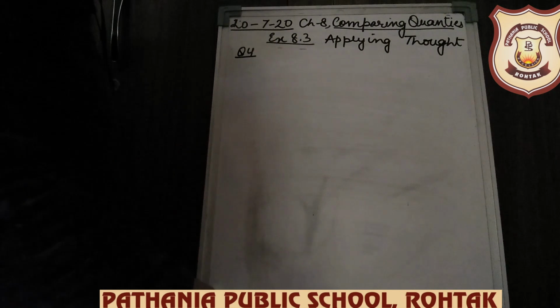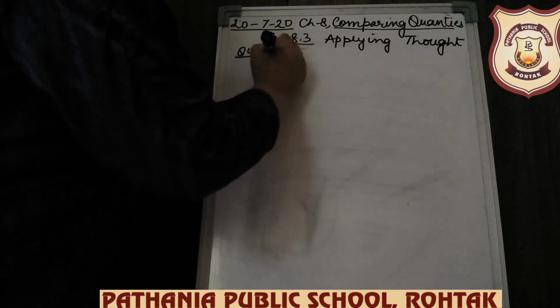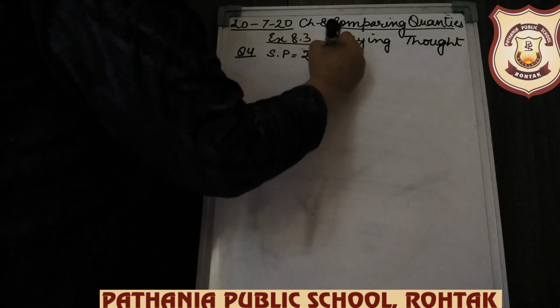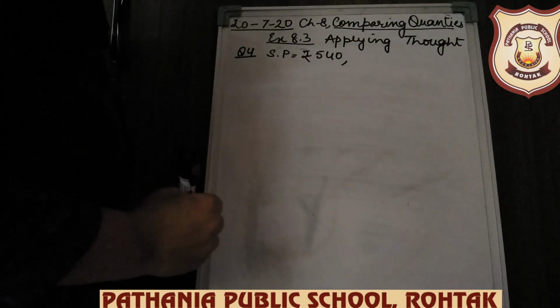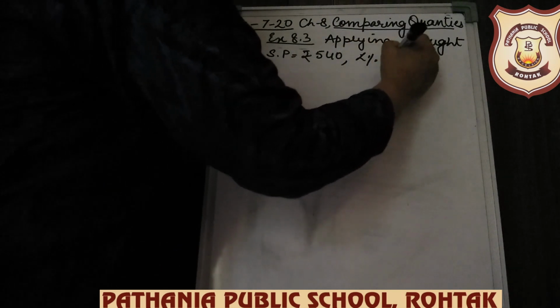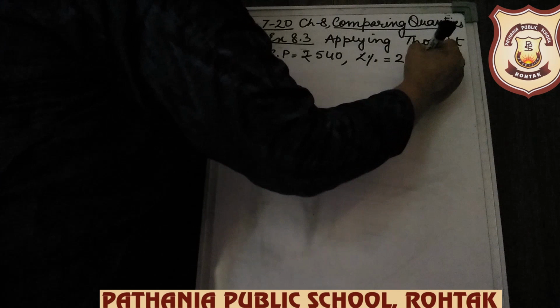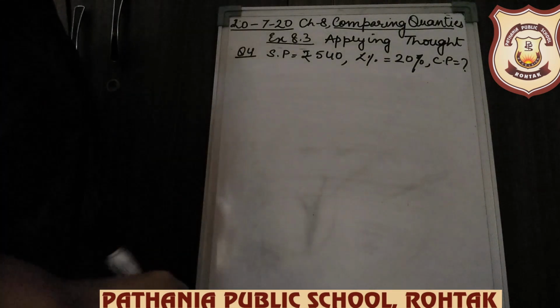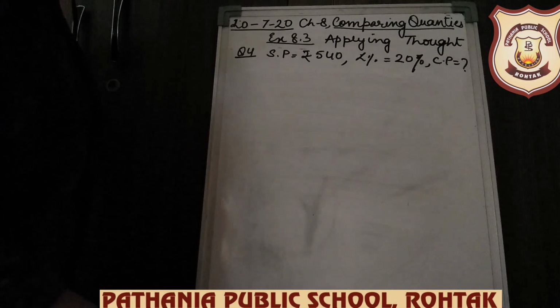Now question 4: selling price, SP, is rupees 540. Loss percent is 20%, and you have to find CP. You have to find CP.